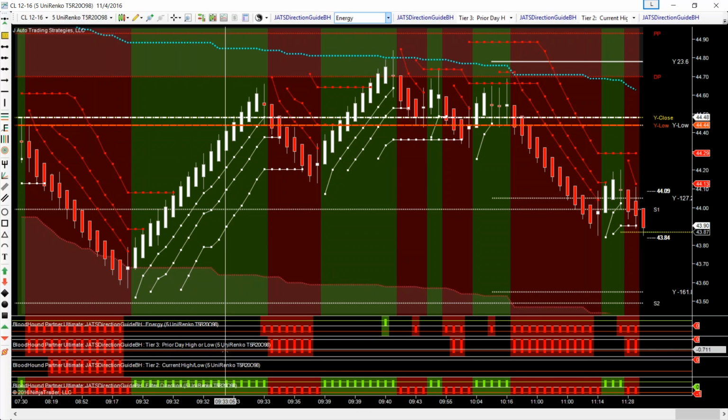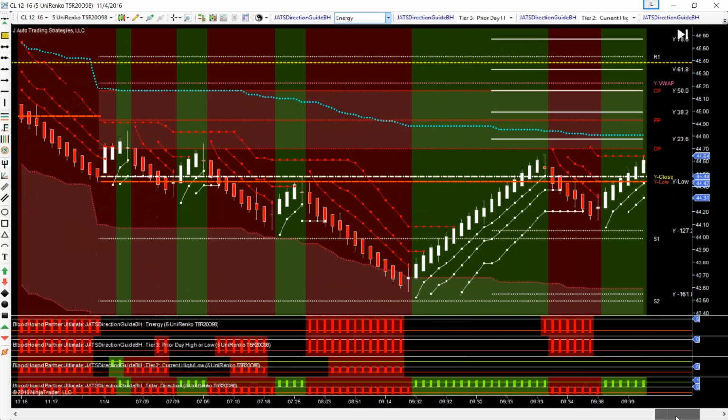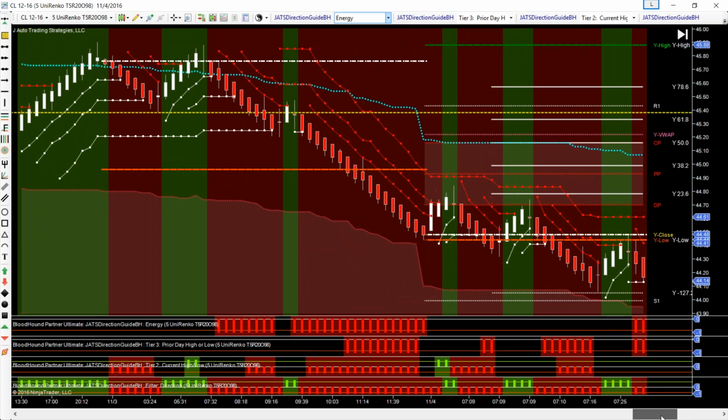Then you've got your prior day high or low and your current day high or low. You always want to be expanding your ranges on both levels, and when all four start firing off in the same direction, the open to close, the prior day high low, and the current day high low, let's put that over here.